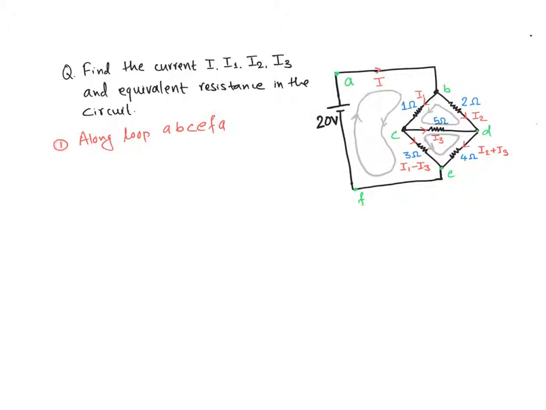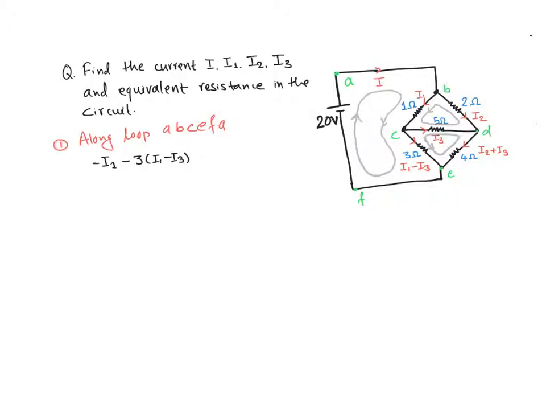Resistance 1 ohm, current I sub 1, so negative I sub 1 is the voltage drop along the branch BC. Along the branch CE, we are again moving along the direction of current, so the voltage drop is negative: resistance 3 times the current on this branch, I sub 1 minus I sub 3. From point C to F, there is no voltage drop.